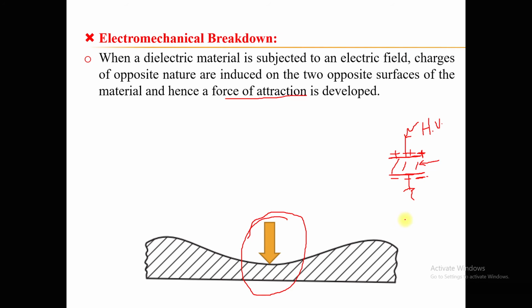That force is known as the electrostatic compressive stress. And when this electrostatic compressive stress becomes higher than the mechanical withstanding capacity of the solid dielectric, the material gets permanently damaged.